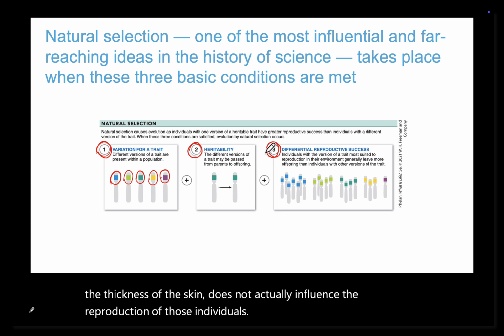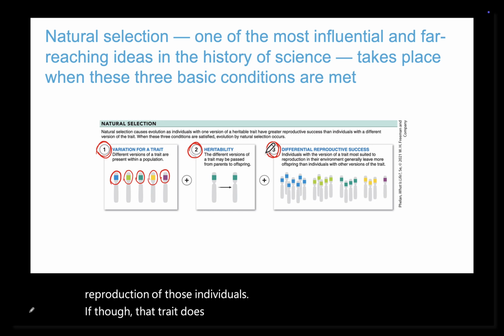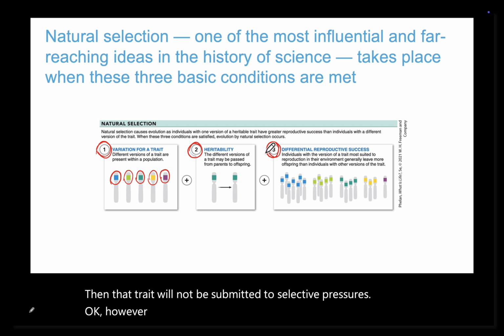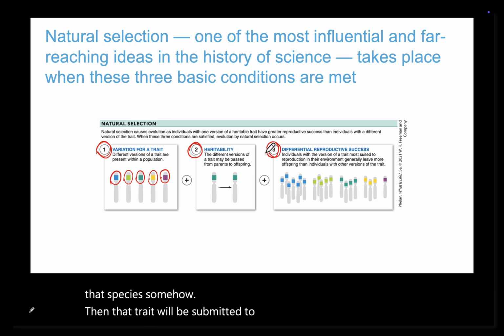If that trait does not influence the reproduction of that individual, then that trait will not be submitted to selective pressures. Okay? However, if that trait does contribute to the reproduction of that species somehow, then that trait will be submitted to those selective pressures. Okay?